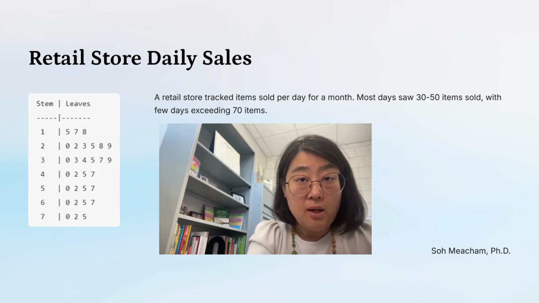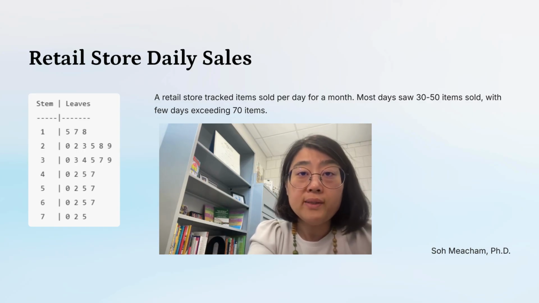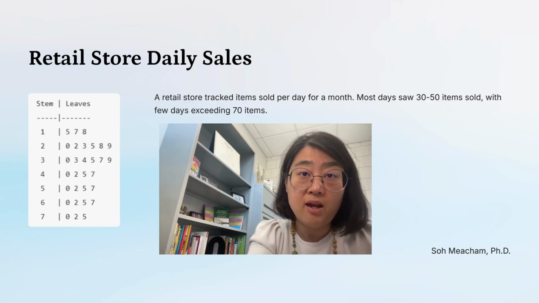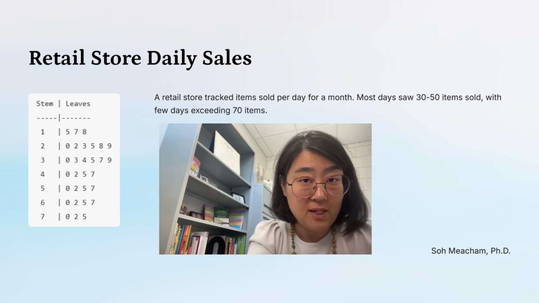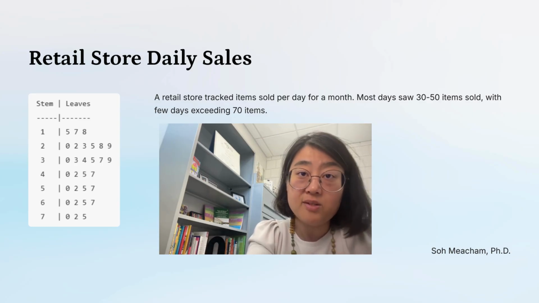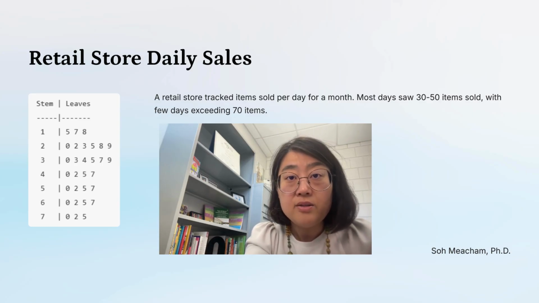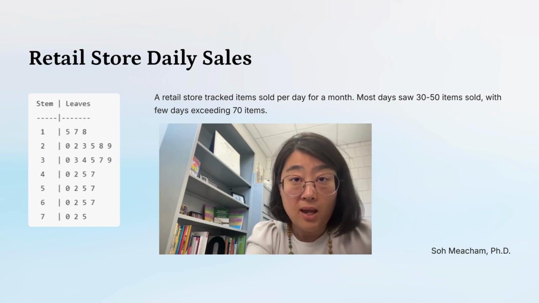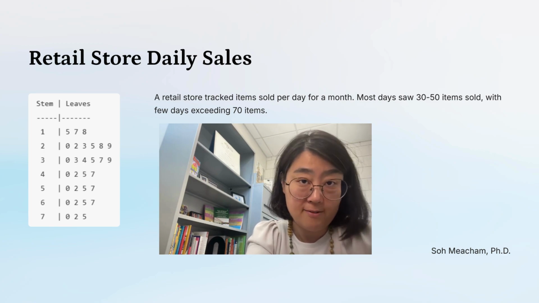For instance, a day with 42 items sold would be stem equals 4 and leaf equals 2. When we organize this data into a stem plot, we might see that most days have sales between 30 and 50 items, with a few days exceeding 70 items. This visualization helps the store understand their sales patterns and identify peak sales days.